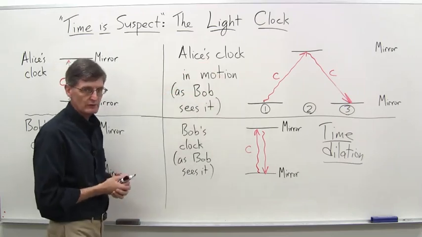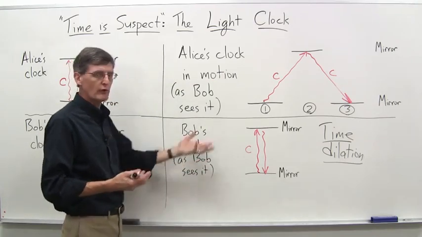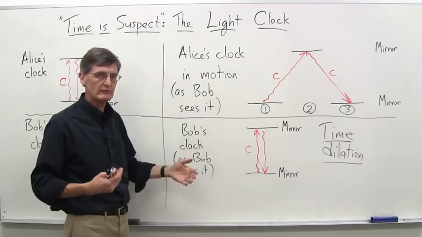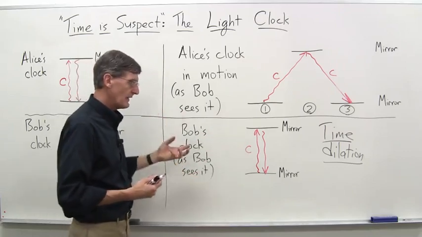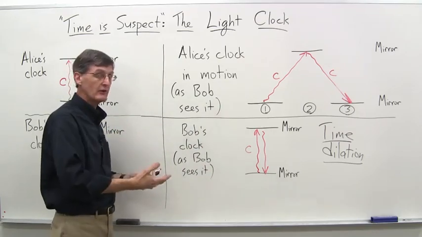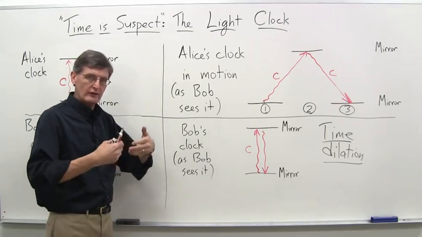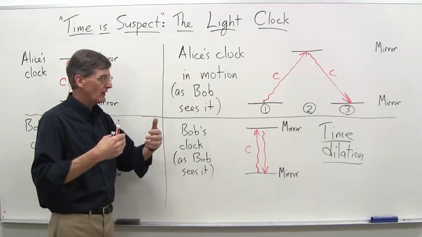And she would conclude that his clock runs slow. So this is one of the paradoxes. You say, well, wait a minute. How can they both conclude the same thing? There would seem to be a contradiction there. And yet, as we investigate this more, we have to hold that seeming contradiction in tension, because it really goes back to the whole idea that you can't define an absolute time.